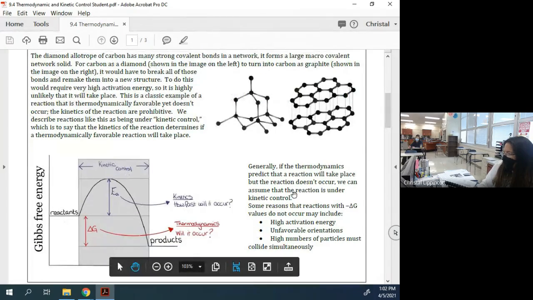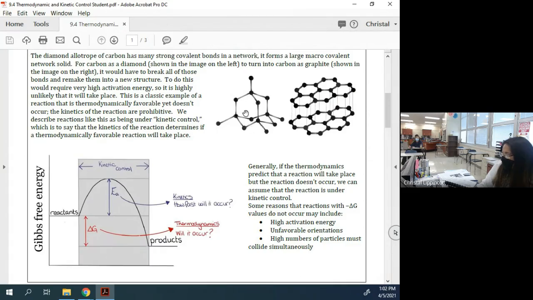We've got the diamond, the carbon, with those strong covalent bonds, remember? That's going to be a covalent network solid. To turn that into graphite, you're going to have to break down those bonds and remake it into a structure that looks similar to this, which is how your pencil lead works. When you write on your paper, atoms and molecules of that graphite slough off onto your paper.